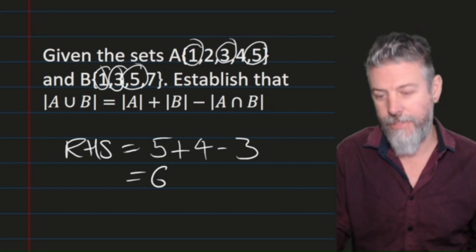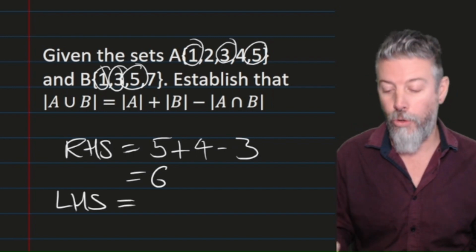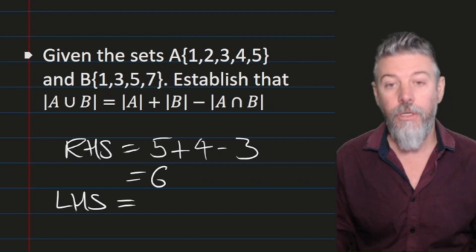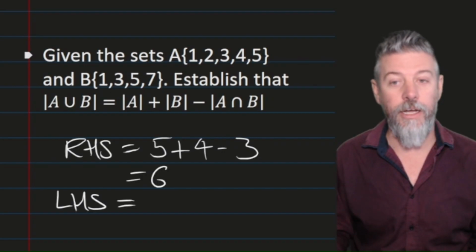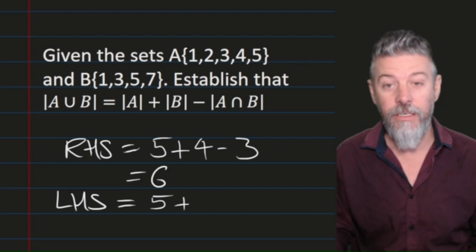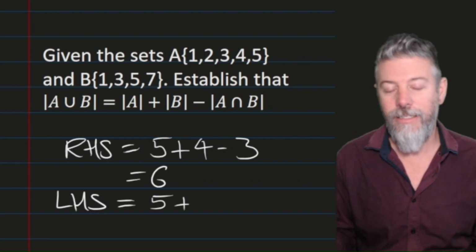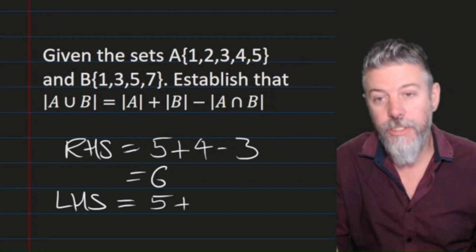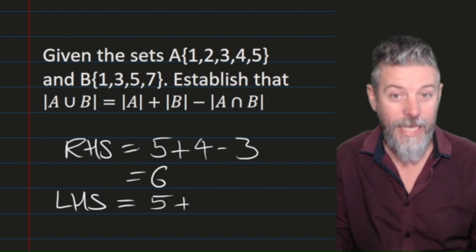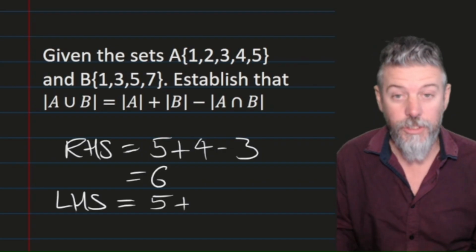Okay, now let's look at the left-hand side. The left-hand side is equal to A or B. Now this means elements that could appear in either. They don't have to appear in both. So obviously 1, 2, 3, 4, 5 is in A, so we already have 5 elements. And then in B, 1, 3, 5, and 7. So when we go or, we've got the 5 elements in A, and in B, we don't need to count the 1 because we've already counted it in A. The 3 is also in A, so we don't need to count it.